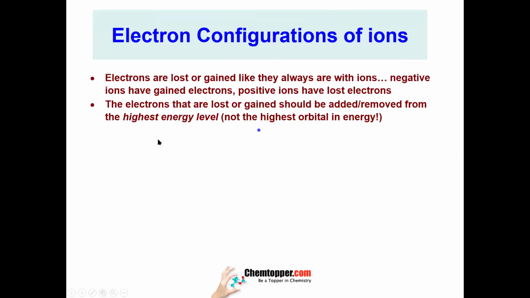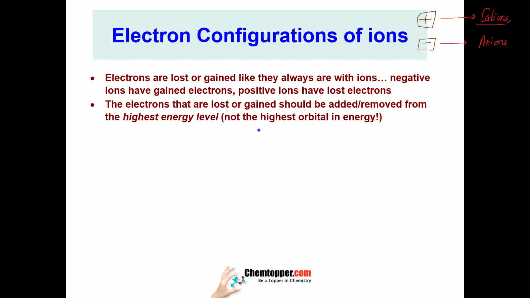Now let's write down the electron configuration of the ions. Before we go for the electron configuration of the ions, you already know that ions are either positively charged or negatively charged, right? The positively charged are called cations and negatively charged are called anions.